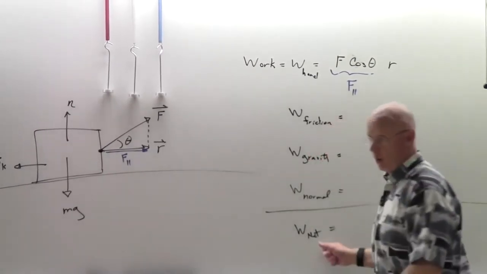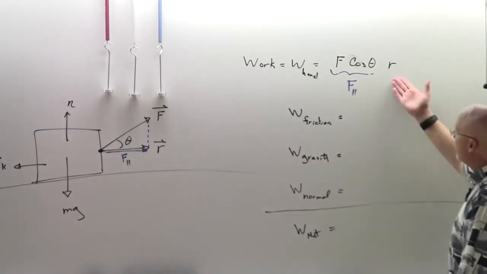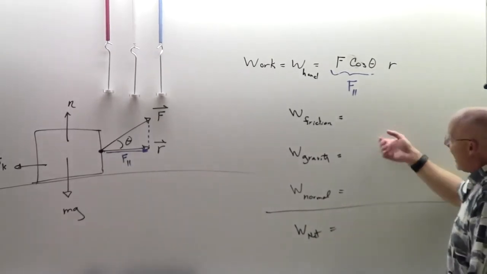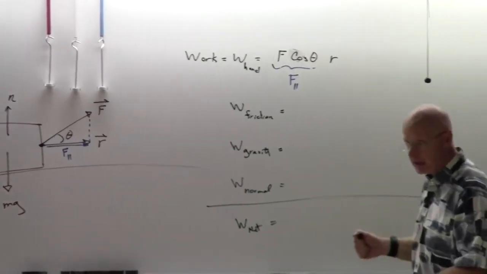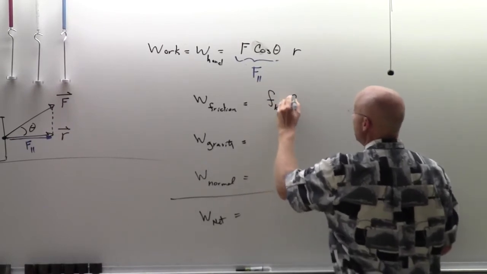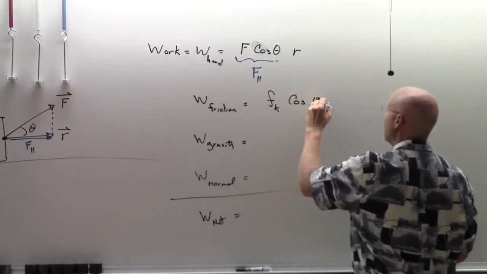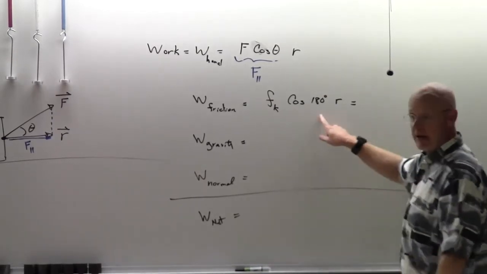And I should say net work altogether, because when you have multiple forces, like in this case, one of them, like this one, can be positive, and this is the one I want you to see. This one is going to come out to be negative. If I wrote it this way, F sub k times the cosine of 180 degrees times r. Why the 180 degrees?